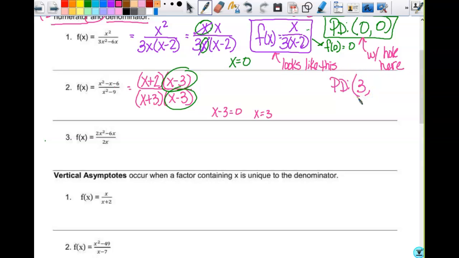I'll worry about the y value in a minute, because when I cancel those out, my reduced function is x plus 2 over x plus 3. So I find f of 3, and that's going to give me 3 plus 2 over 3 plus 3. So that is 5/6.